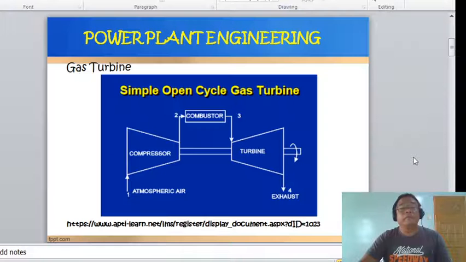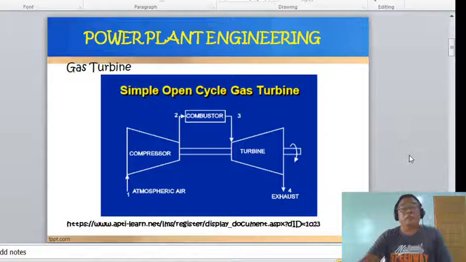Okay. So actually, this gas turbine is utilized, of course, in a region or place or an island. So for example, here in our country, in Catanduanes, Masbate, Pulilio Island, Marinduque, of course, they use the gas turbine power plant.